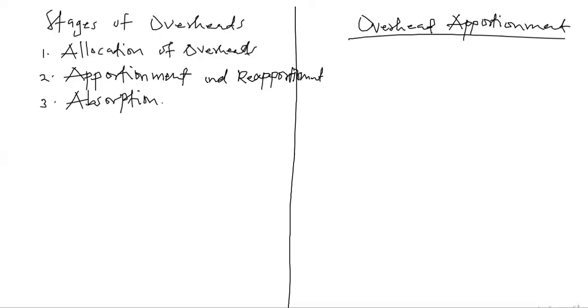With apportionment, you can't just say that we are sharing it equally. There should be an appropriate basis for sharing this cost.